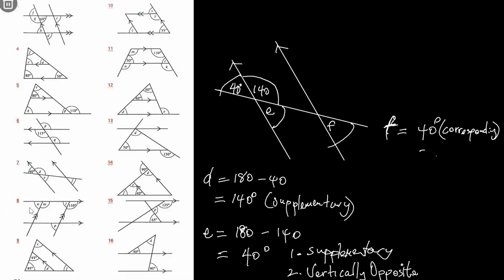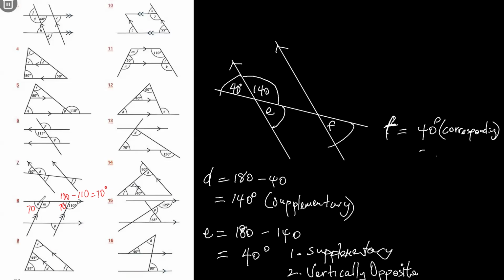And then N corresponds to L. So this will be 180 minus 110, which is 70. So this is 70. This will be 70, the N, because they correspond.